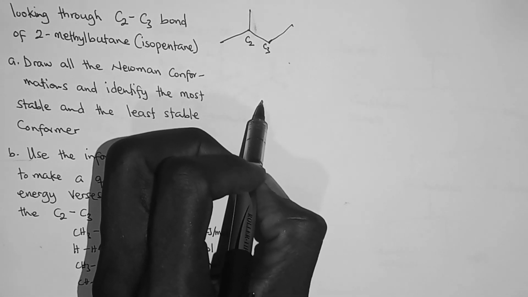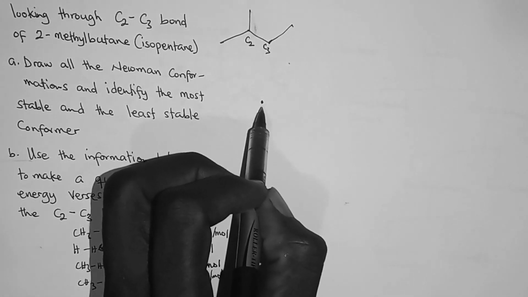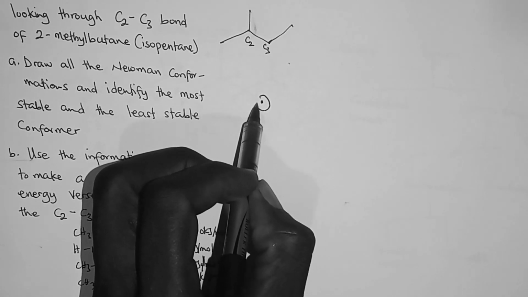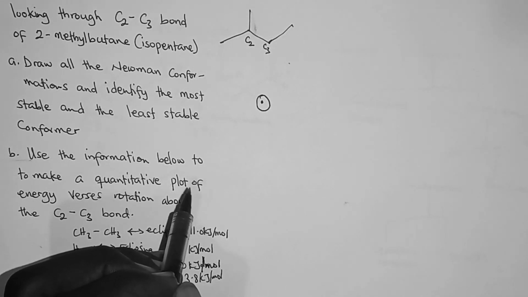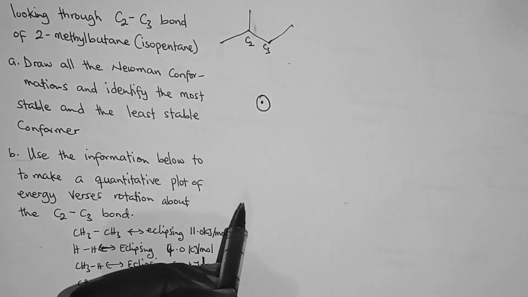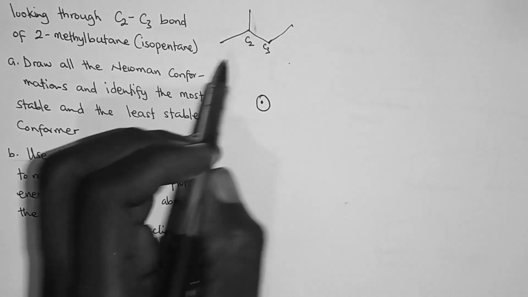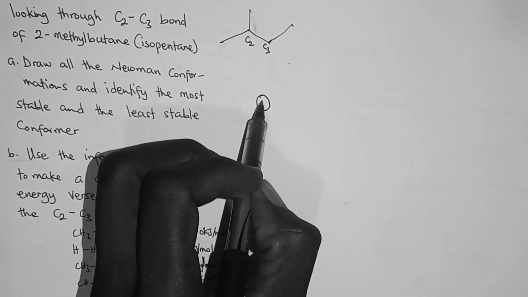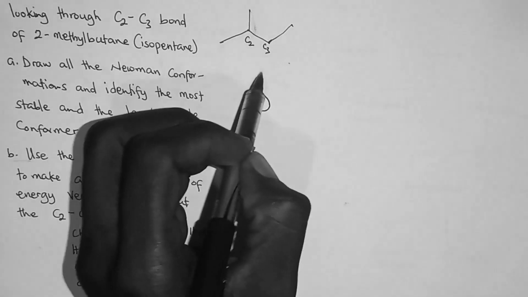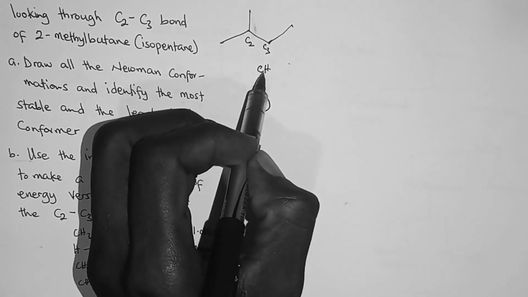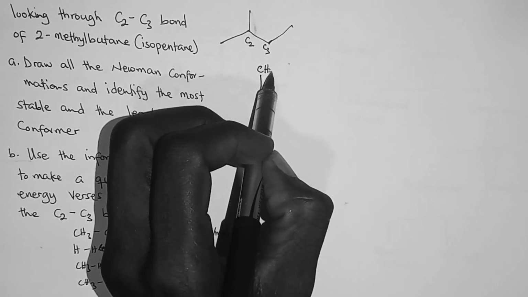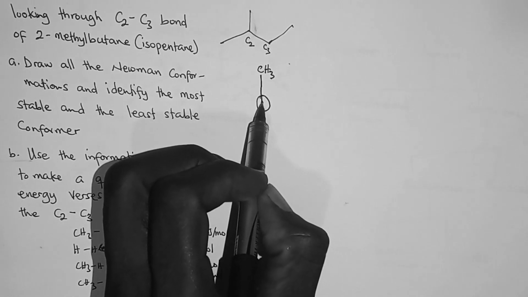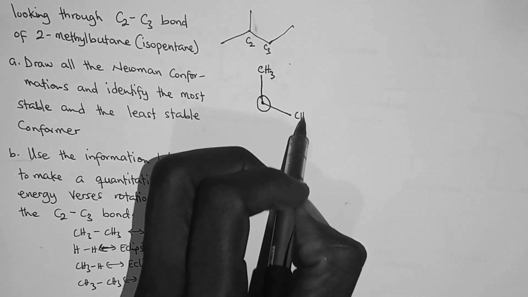So for the carbon facing us, which is the C2 carbon, it will be a dot. And then the one at the back is the circle, which is the C3 carbon. I'll see that the C2 carbon is bonded to 2 methyls and 1 proton. So we could say this is one of the methyls of the C2 carbon. And so the other methyl, we could bring it here as a CH3.